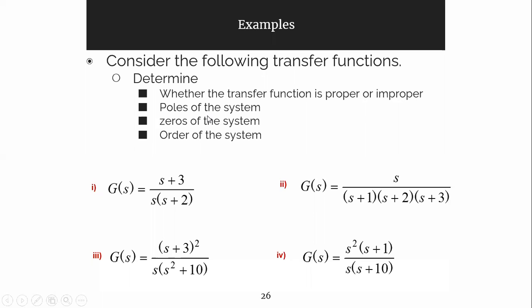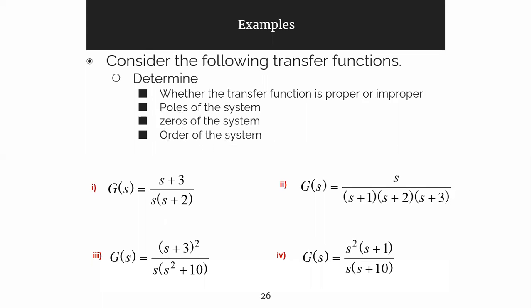Now, how can we determine whether the transfer function is proper or improper, how can we identify the poles of the system, how can we identify the zeros of the system, and how the order of the system can be determined? By looking at these equations, we can easily identify what exactly we are doing. We are trying to simplify the numericals and the calculation work, the mathematical expressions, with the help of the transfer function.